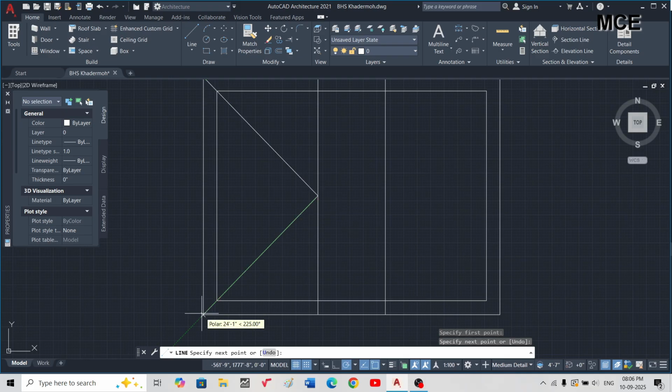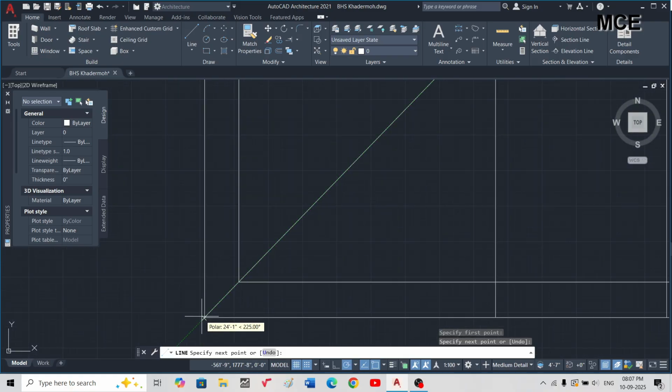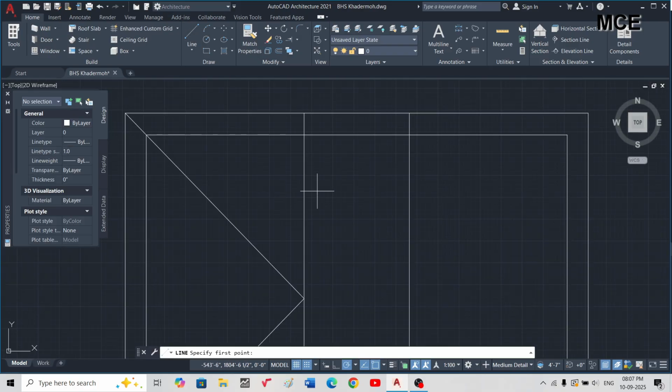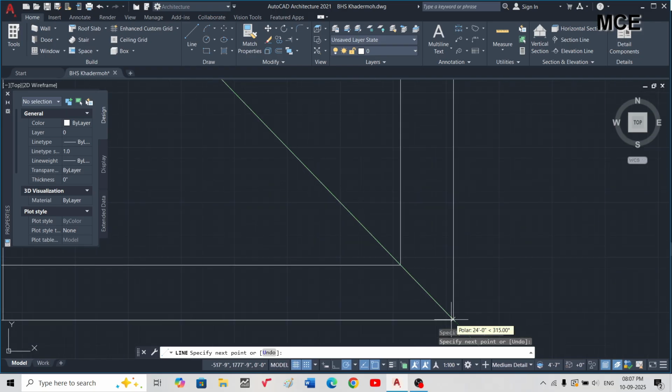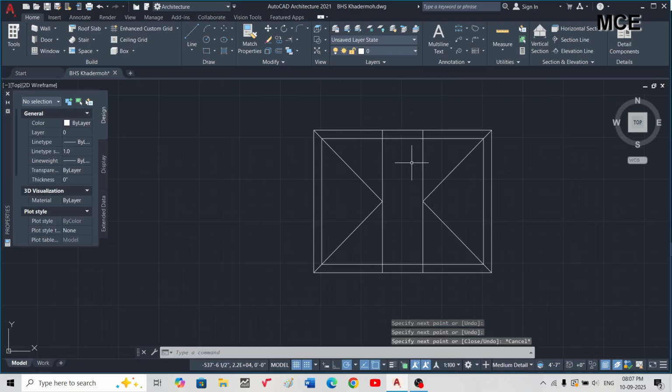Similarly for these two sides. So currently we have two main trusses and four corner trusses.